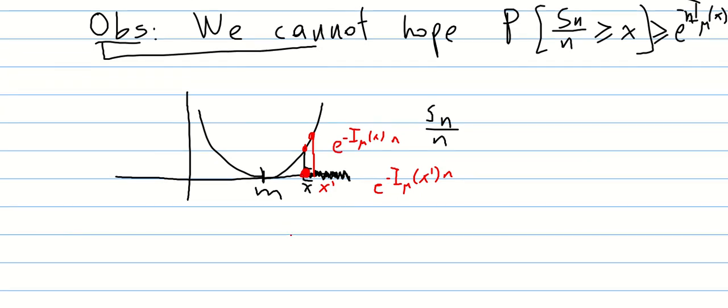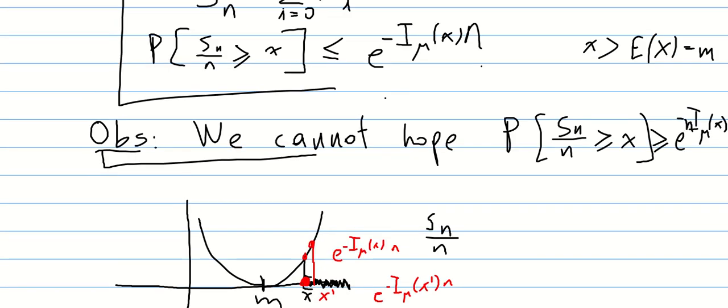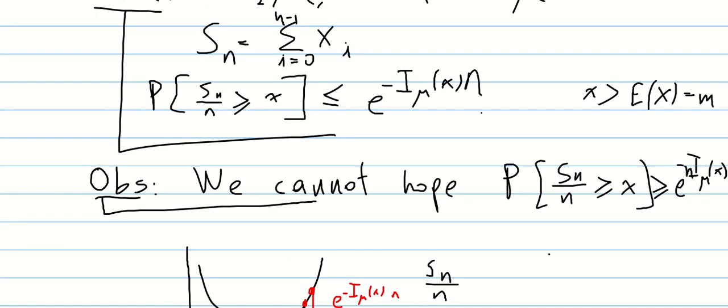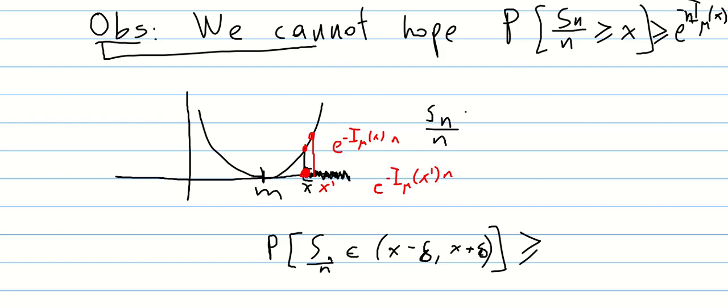What the next result is going to estimate is the probability that Sn over n belongs to x plus minus epsilon. Actually, I'm going to call it delta, but you got it. So this is what we're going to estimate from below. This is very related to the upper bound given there, but as I said, we cannot expect to have a matching lower bound.